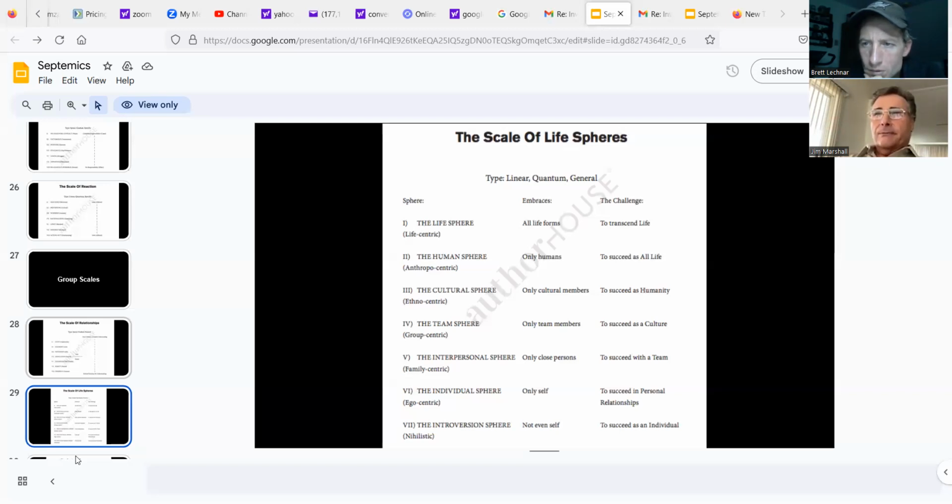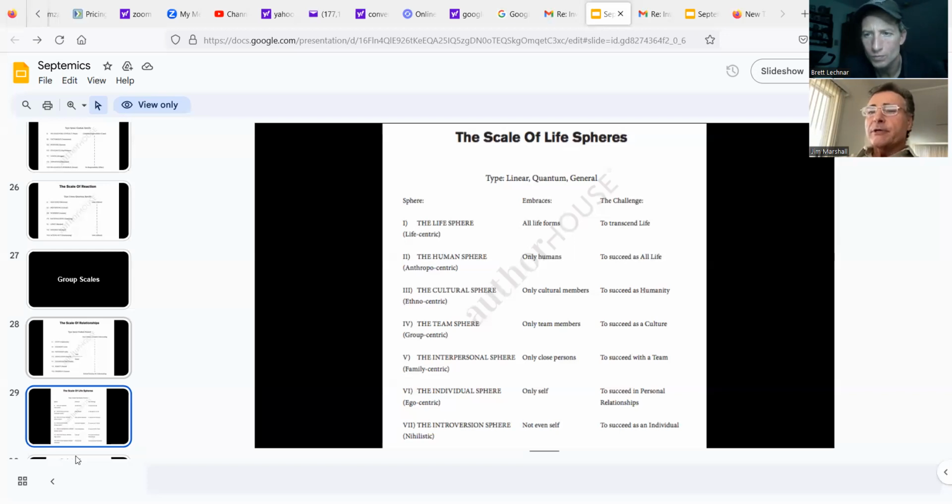Obviously, the more you expand to include these larger spheres, and remember, these are concentric spheres, the healthier, more successful, and happier you are. Makes sense. Yeah, so you need to know what level you're at, so you know what level to target.